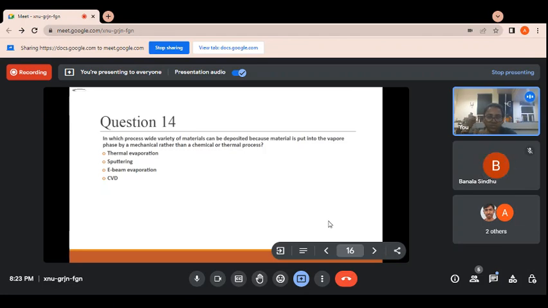The question is, among these four options, which one deposits the material mechanically, not by a chemical or thermal process. Banala Sindhu. Definitely sputtering.